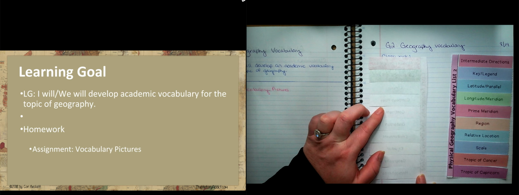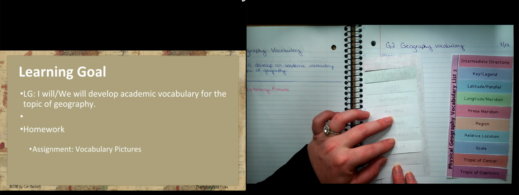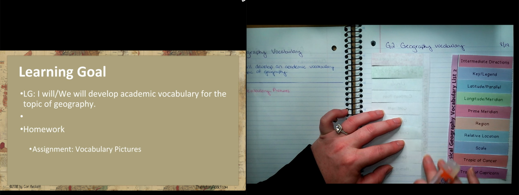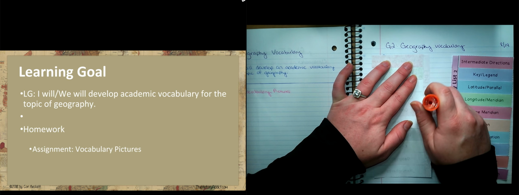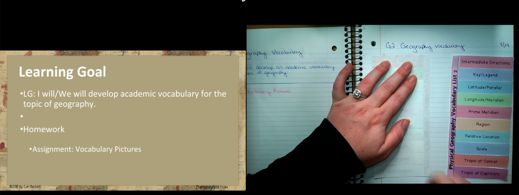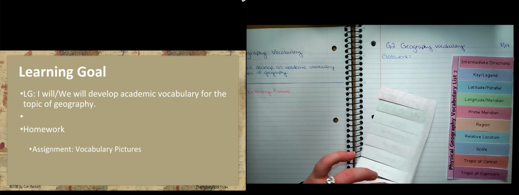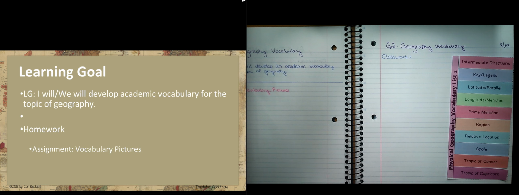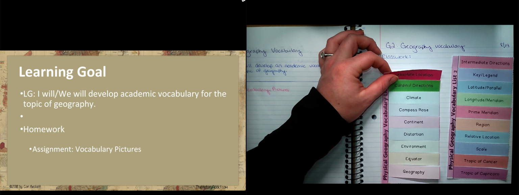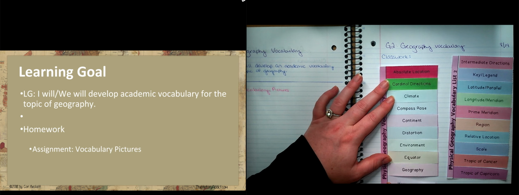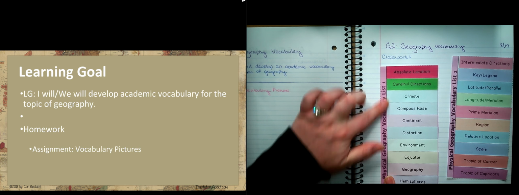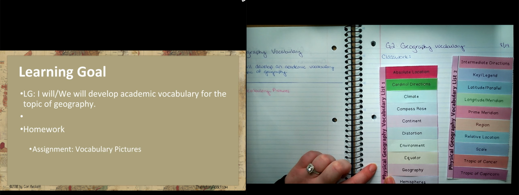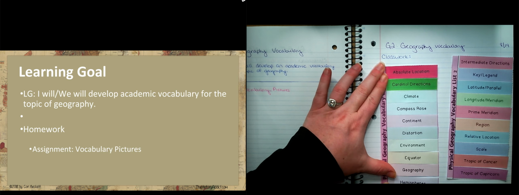Don't put any glue on this side where you've made the cuts, only on the spine. So watch what I do. I take my glue only on the spine. I flip it over and I glue it into my interactive notebook. A good easy way to make sure that it's lined up is to use the red line on your notebook and just line it up that way.